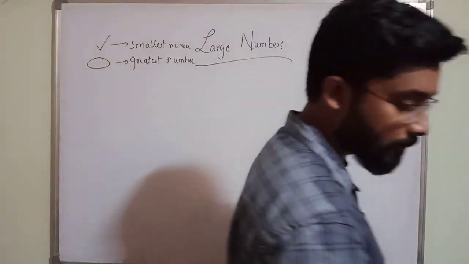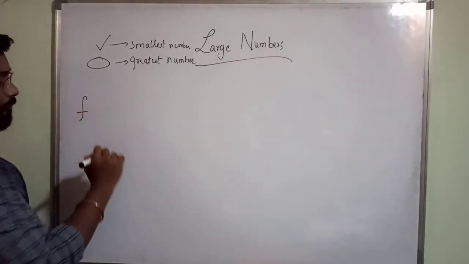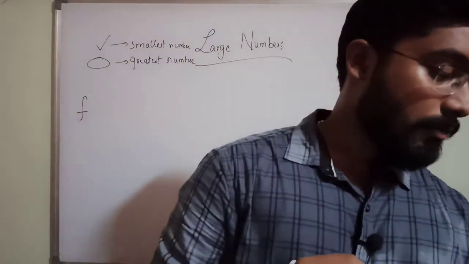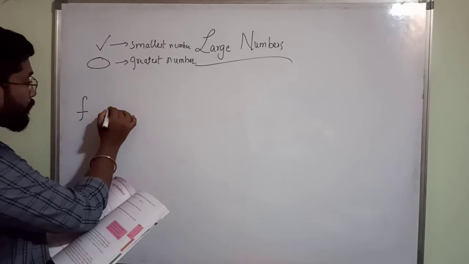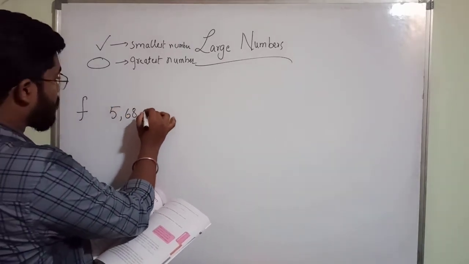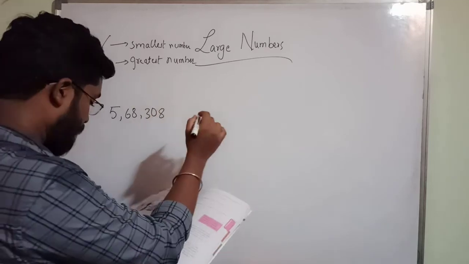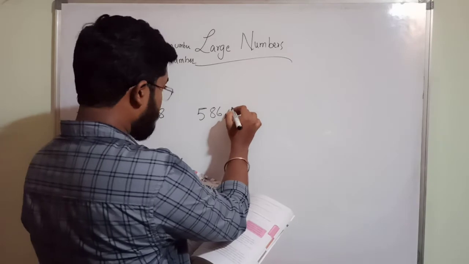Next one, last one, F. Let's see the question. 5,68,308. Next one, 5,86,308.